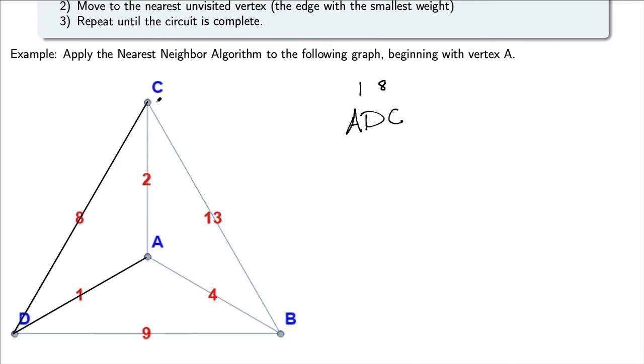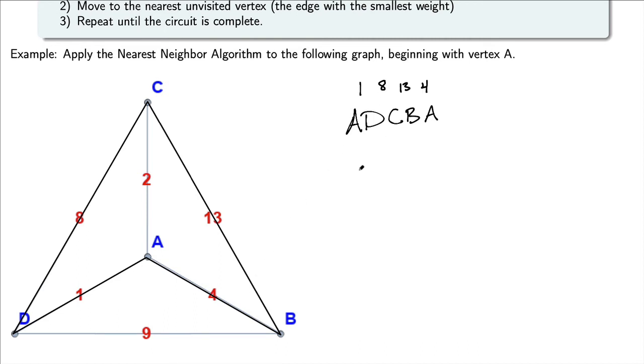So I haven't visited B yet, so I have to go that direction. I have to come down to B. And from C to B, that is a weight of 13. But now I've visited every vertex. So once you've visited every vertex, you connect back from where you ended to your starting point. So we went back to A, which has a weight of 4.